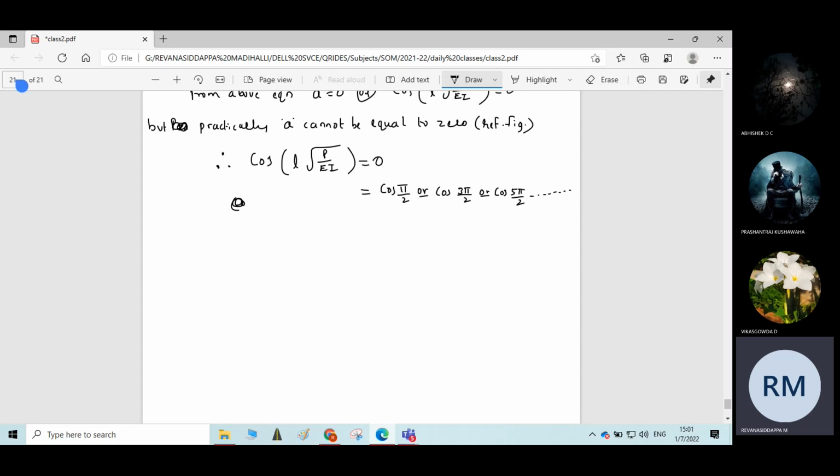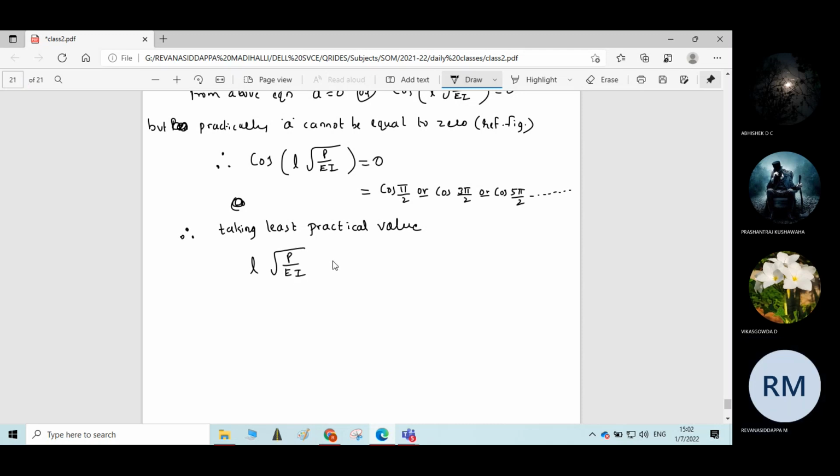Therefore, taking the least practical value, what will you get? L root P by EI is equal to pi by 2. Sorry, the least practical value is pi by 2 only.